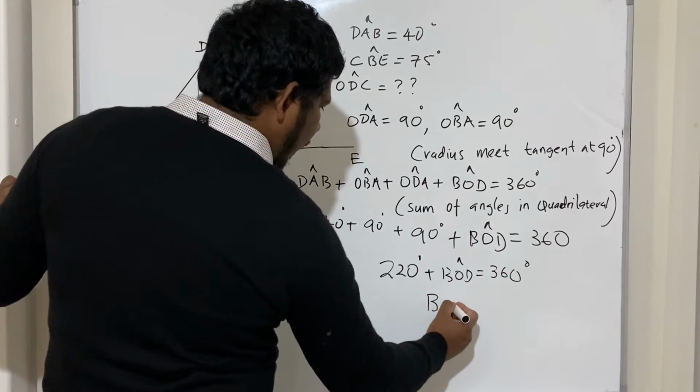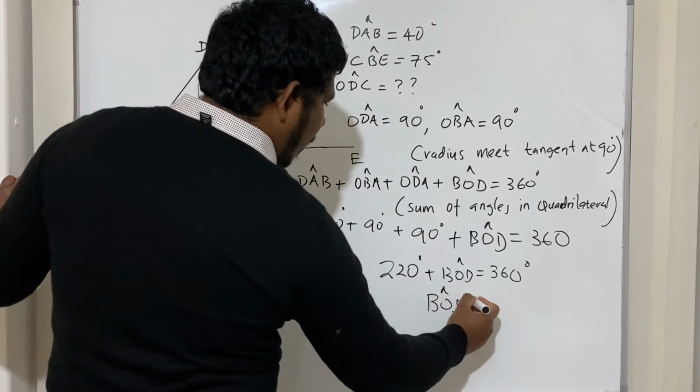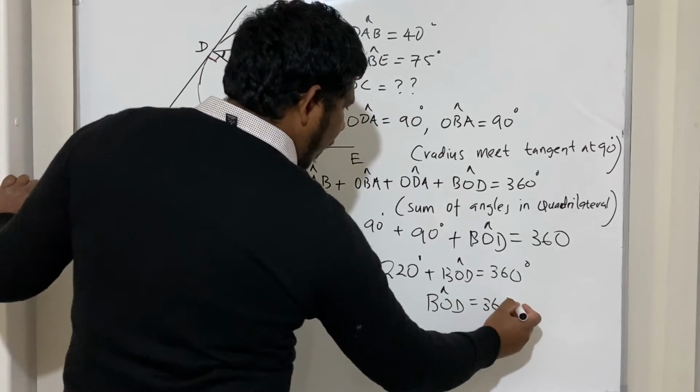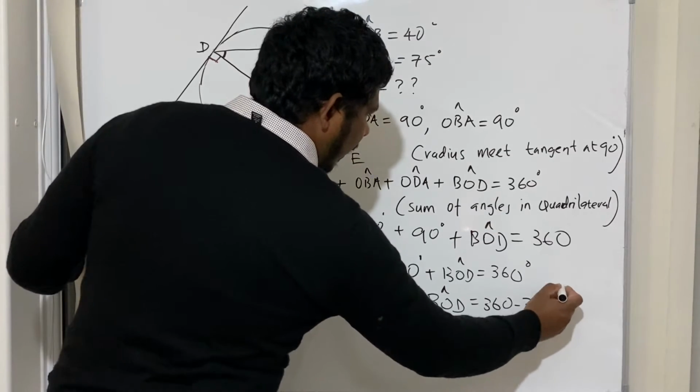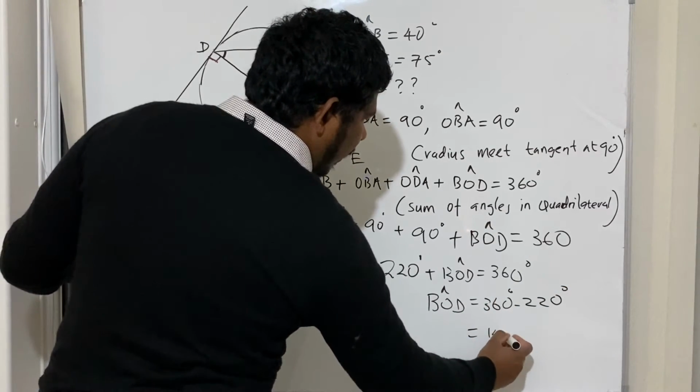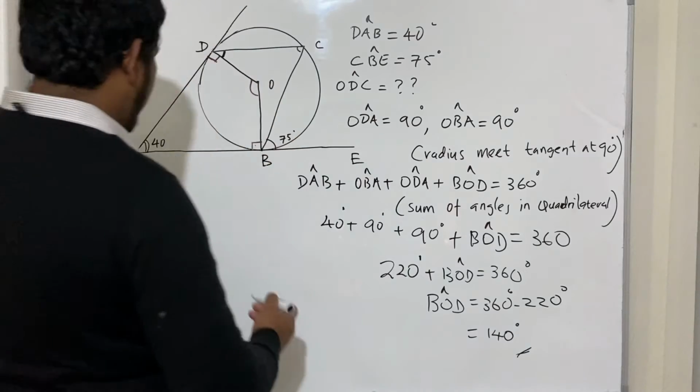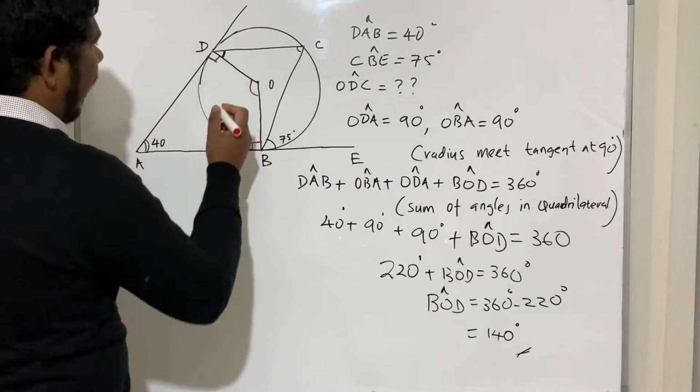So angle BOD is 360 minus 220 degrees. It's going to be 140 degrees. So we found this angle is 140.